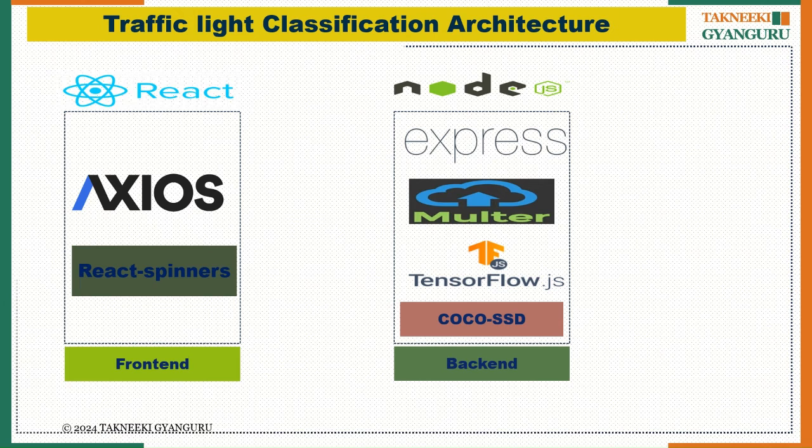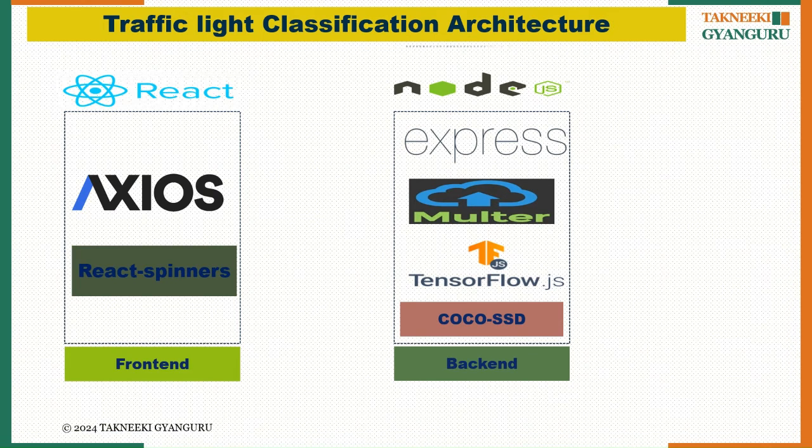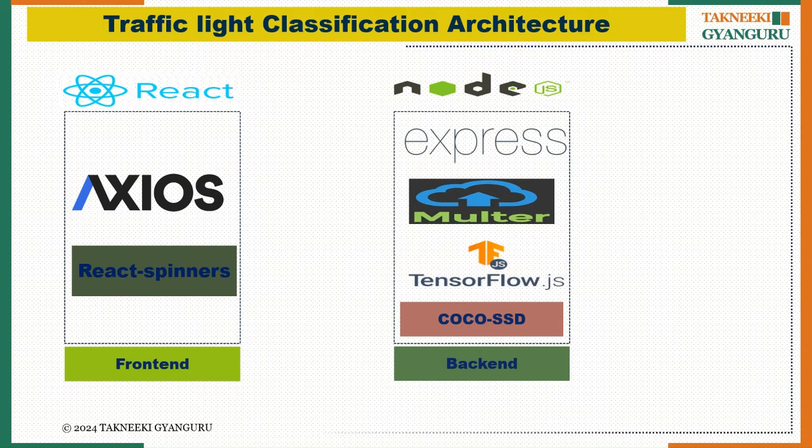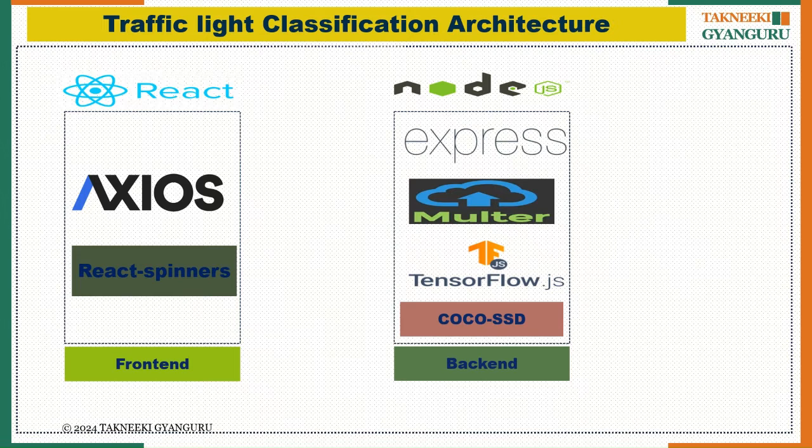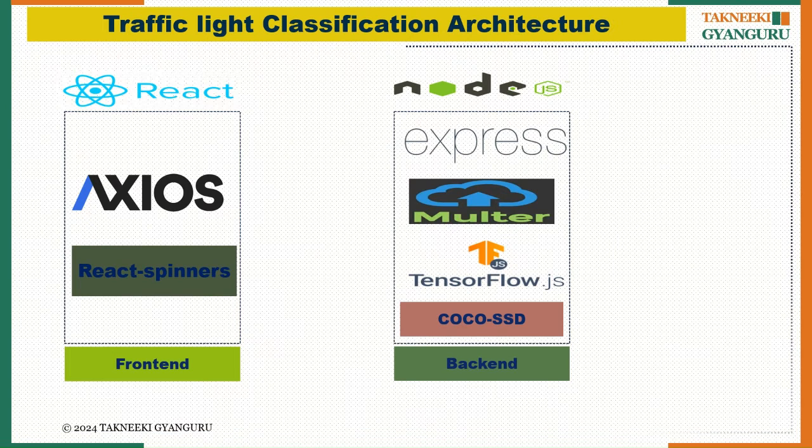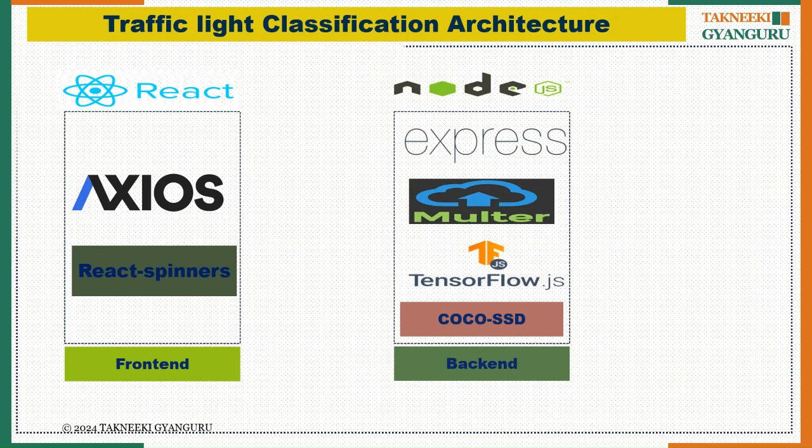So we will use this model to classify our image, and then we will have our own code to see in the image which light is on, red, green or yellow. That logic we'll discuss later in the code.